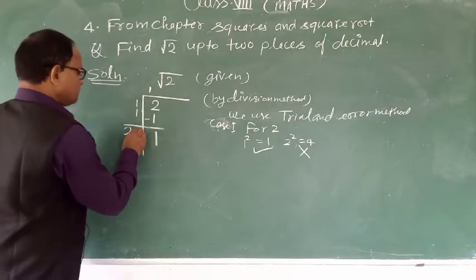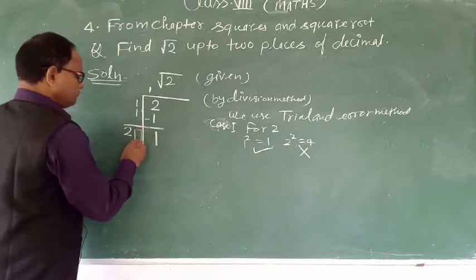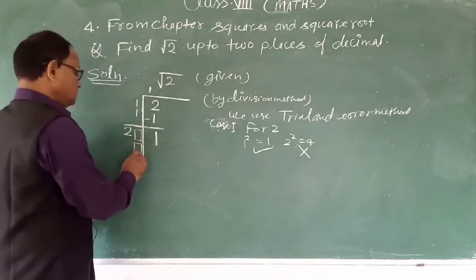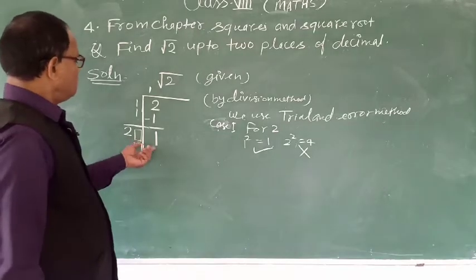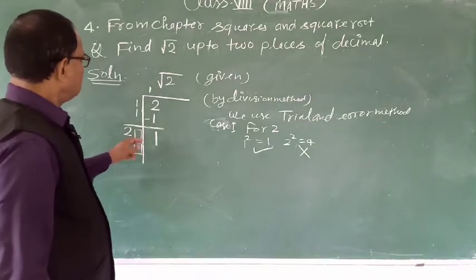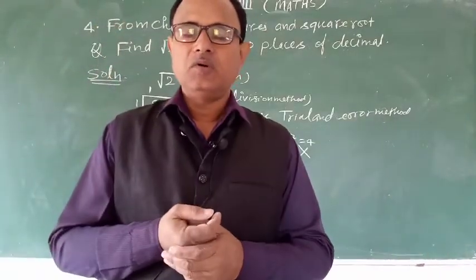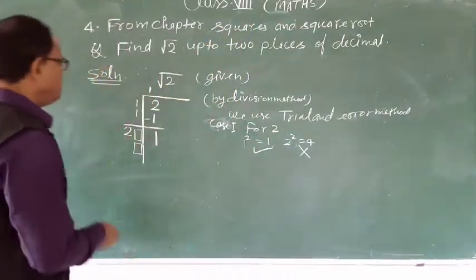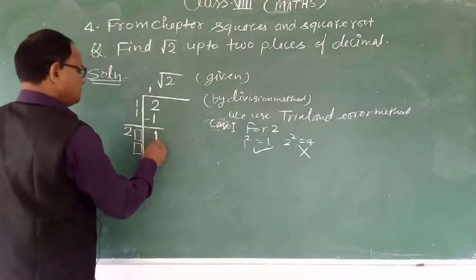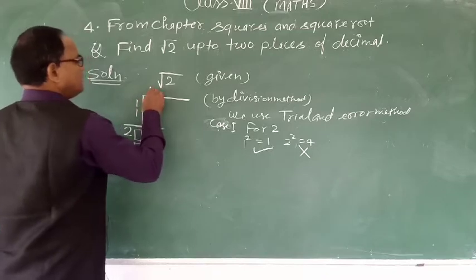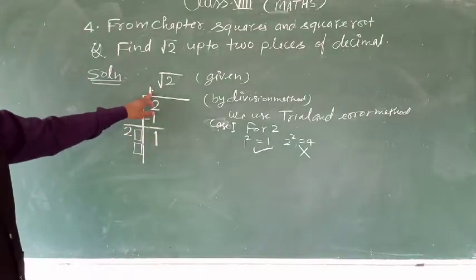Here 1 plus 1 makes 2. Okay, student? After this, here 1. 1 is less than 2. Then we can write here a point.